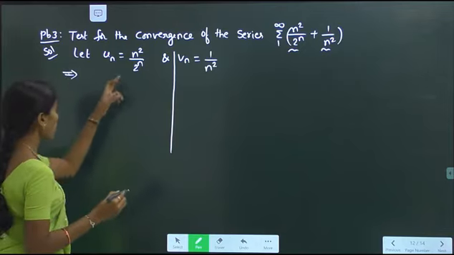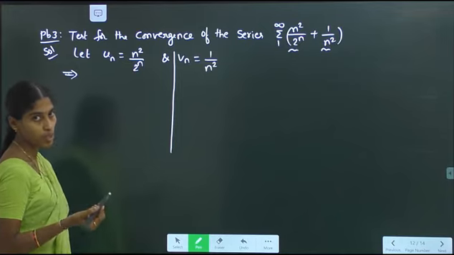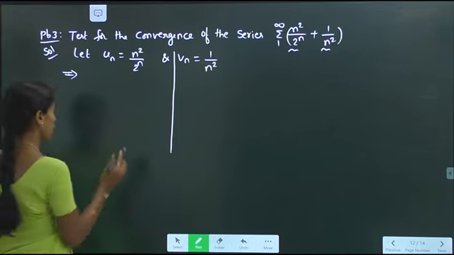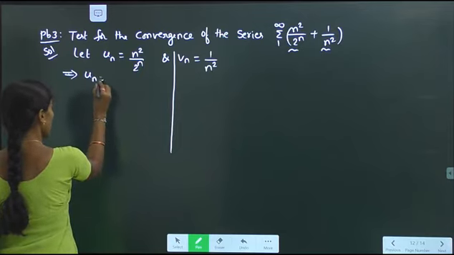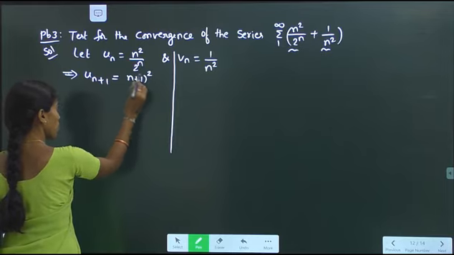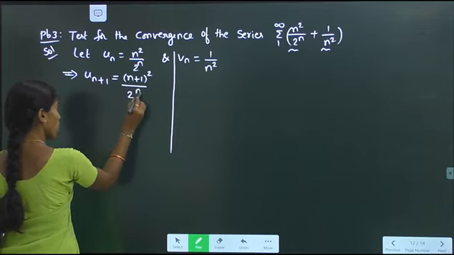Because it is in the form of n square by 2 power n ratio form, we just check whether ratio test is applicable or not. What is the ratio test? For that we require un plus 1, which is n plus 1 whole square by 2 to the power n plus 1.